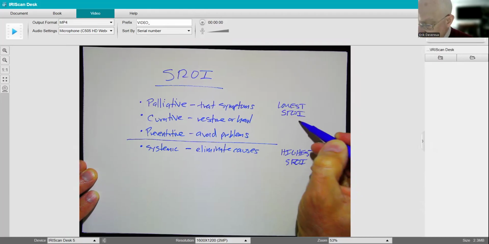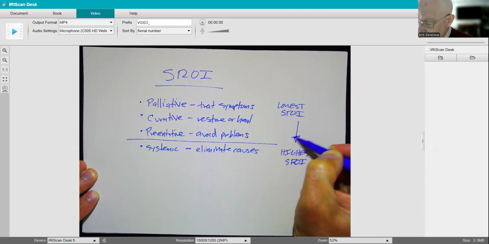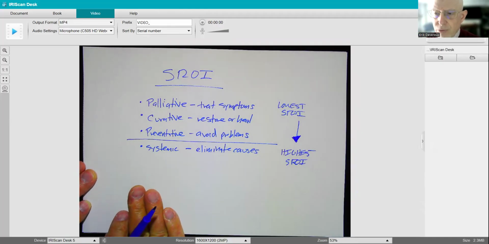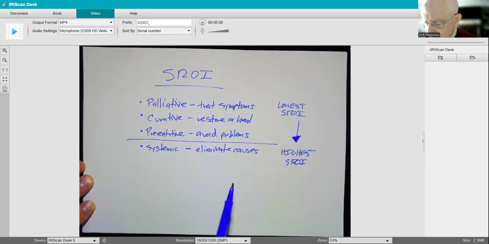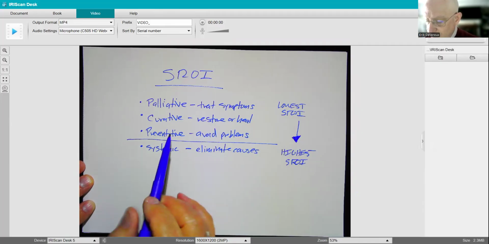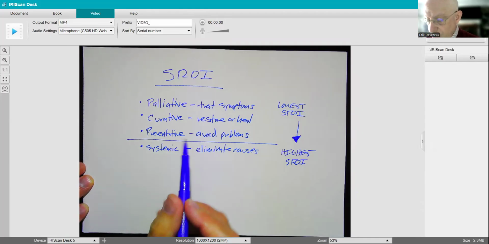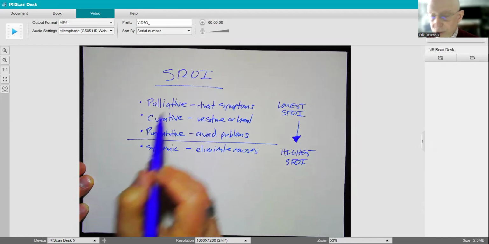Because as we move in this direction, we increasingly can save the taxpayer more and more and more money, in terms of trying to intervene to fix a problem that maybe should never have happened in the first place. But at the same time, preventative and systemic change is almost the most difficult to achieve, and for a variety of other reasons. And sometimes we just have to go back to curative or palliative.